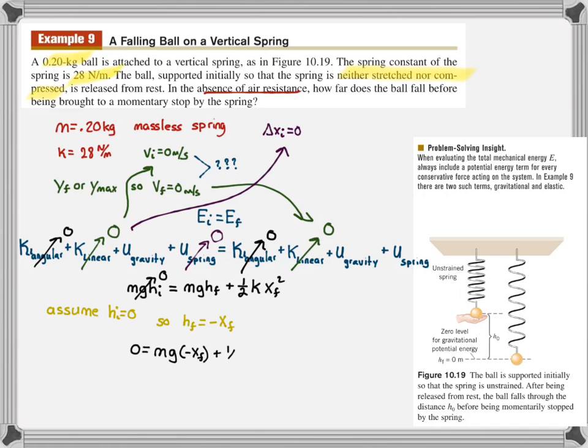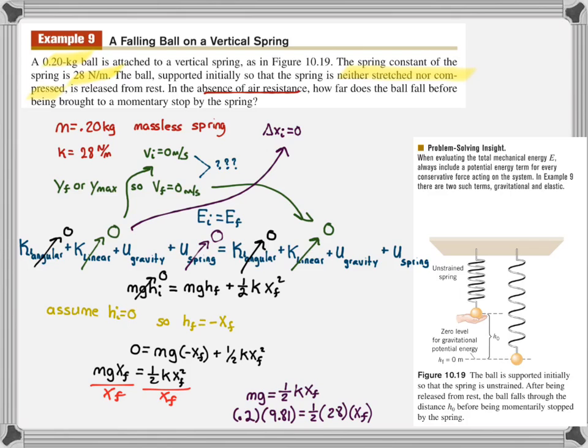So our equation becomes mg times negative xf plus 1/2 k xf squared. We know our mass, we know our gravity, we know our k. We can solve for xf. Now, we have mg xf is equal to 1/2 k xf squared. We don't have to use the quadratic formula because if we just divide both sides by xf, we get a much cleaner formula that says mg is equal to 1/2 k xf.